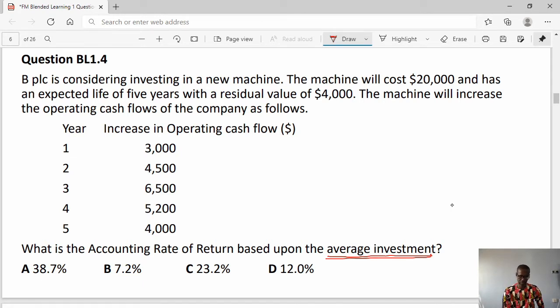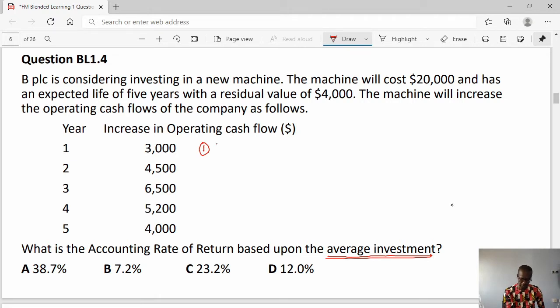Now, the clue to do this is that you must know the formula for accounting rate of return. You never go to the exam not knowing what the formula is, and you should practice using it so well.